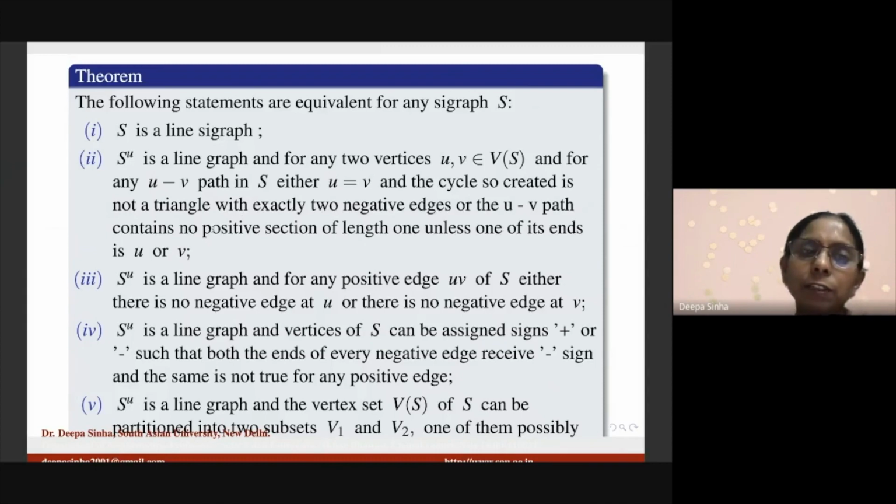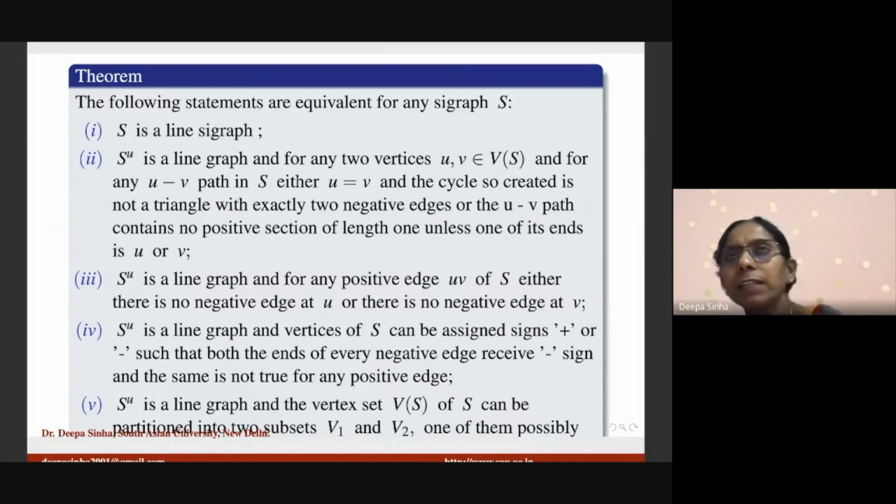Basically, first of all, its underlying graph must be a line graph. Reading between the lines, a graph will be sign compatible only when it is a line sign graph, and it has to be sign compatible also, according to which there should not be any triangle which has two negative edges and one positive edge.